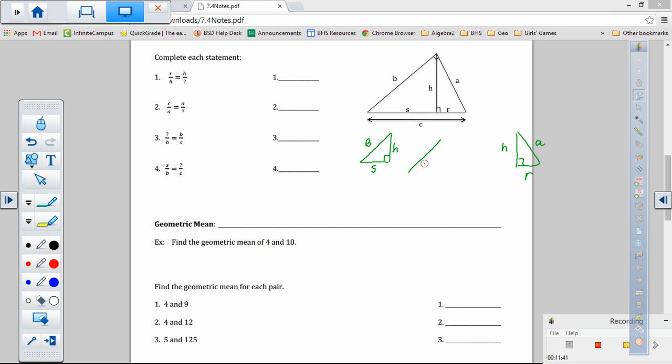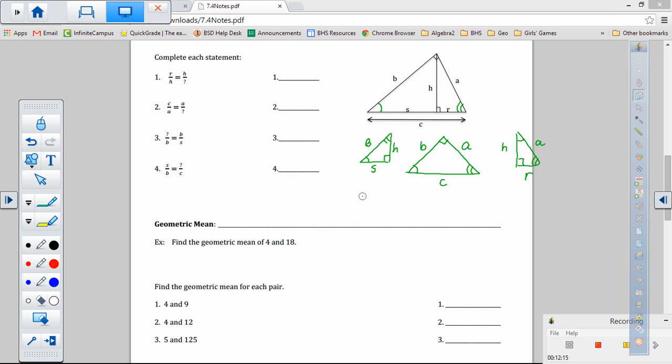And then I have my large triangle here with my right angle up here, and then I have A, B, and C. All right? And obviously these have to correspond to each other because they both sit here. And then these have to correspond to each other because they both sit here, right? And they all have their right angle, so the only thing missing in this triangle is 1 bar here, and the only one missing in this triangle is 2 bars here. So now I'm going to make my comparisons.